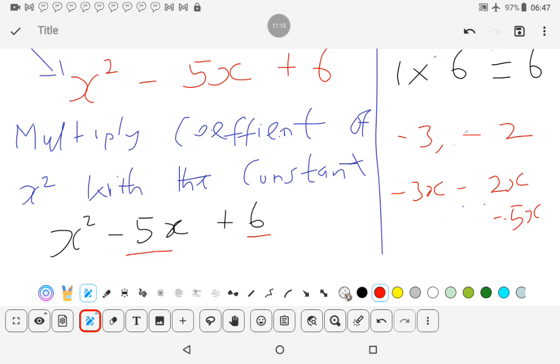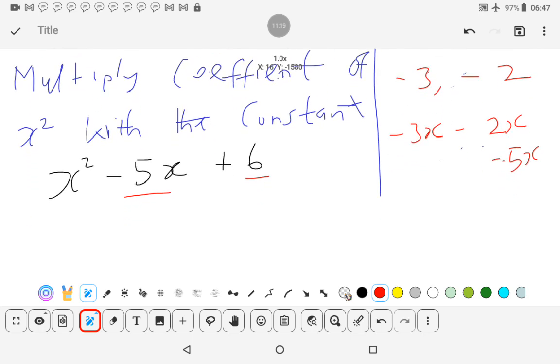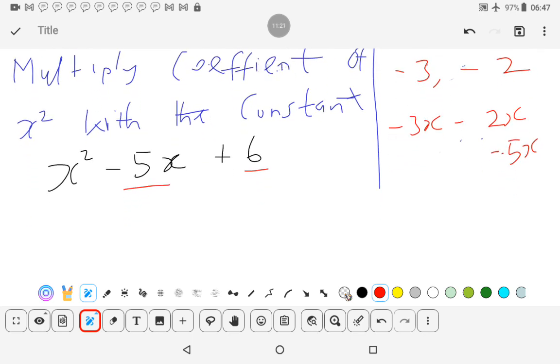So now, the next thing you have to do is to bring these two numbers and replace the number at the middle, which is minus 5x. So we will have x squared.